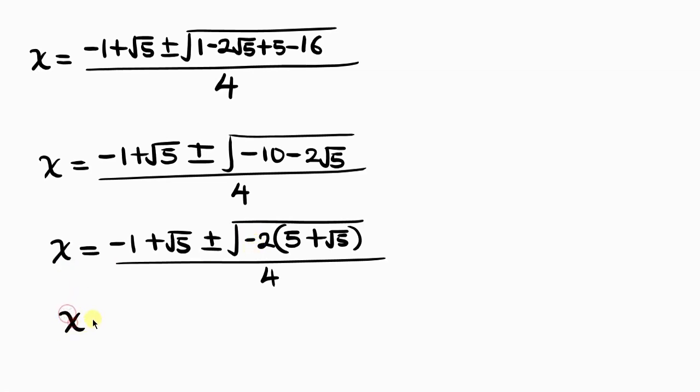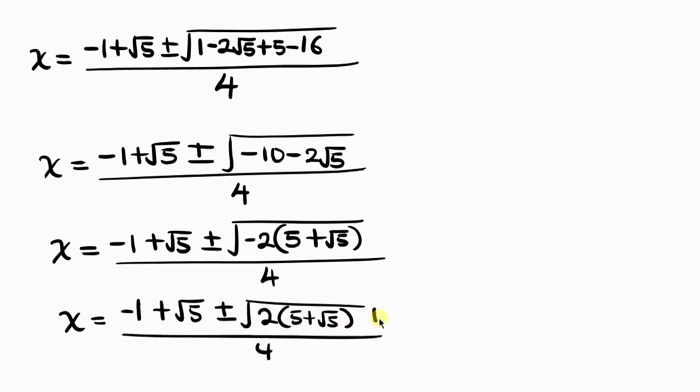So the value for x will be negative 1 plus the square root of 5 plus or minus the square root of, I'm going to be writing the numbers, which is 2 times 5 root 5, all over 4 times i. Well, we have this iota here because of the negative inside of the square root. Well, there are two solutions for x here, in addition to the one solution we had before, x equal to 1. So making it 3 solutions for x.